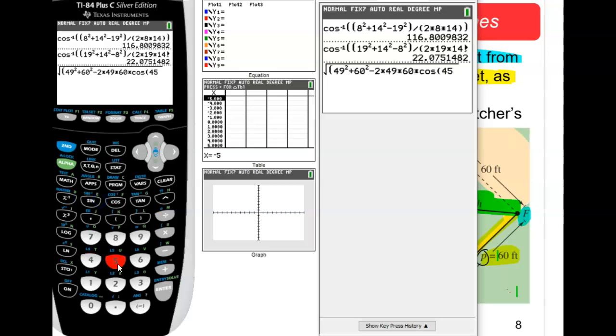Then I'm going to close parentheses to close the angle of 45. And then I'm going to close last parentheses, and then we're going to press enter. Okay, and you have to make sure your calculator is in degrees because we enter 45 degrees. And so the solution for this will be 42.93.